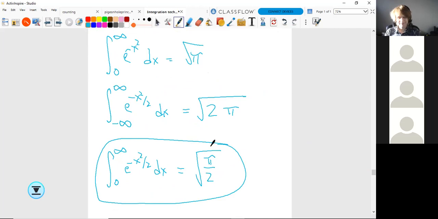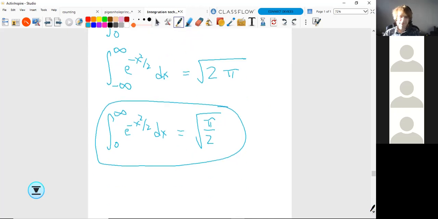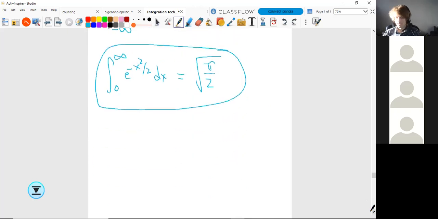And when I show you this method, you're going to be kind of like, what the heck? How did anyone think of this? That's kind of how it went with the polar coordinate proof as well. That's the one that I saw in my class.